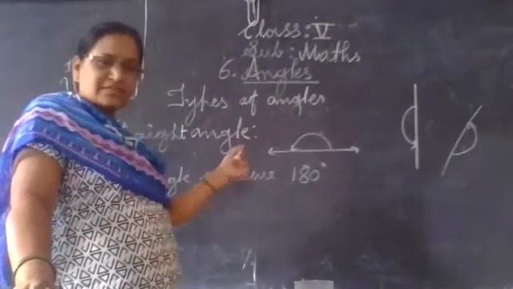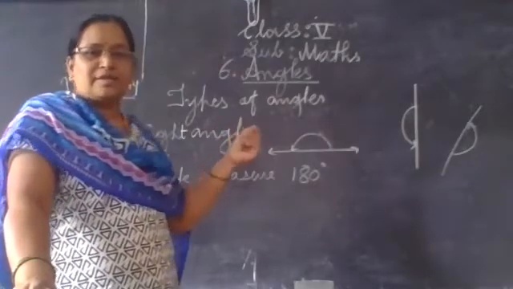So exactly 180 degrees is called a straight angle.